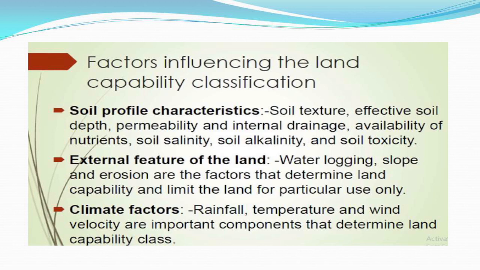The next one is external features of land like waterlogging, slope and erosion, that are the factors that determine the land capability and limit the land for particular use only. The next is the climatic factors. Rainfall, temperature and wind velocity are important components that determine land capability class.